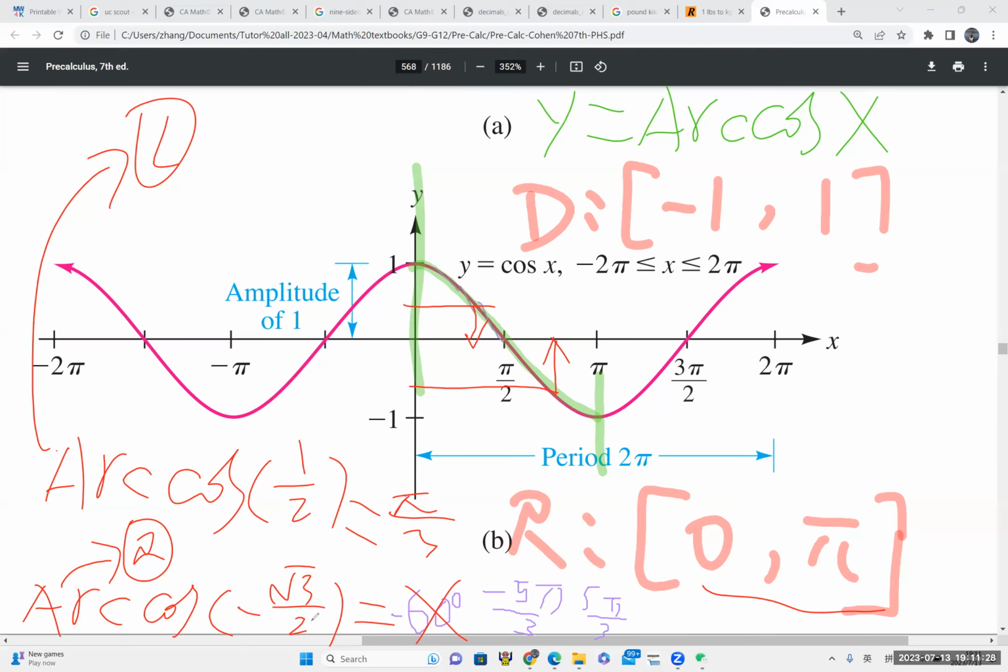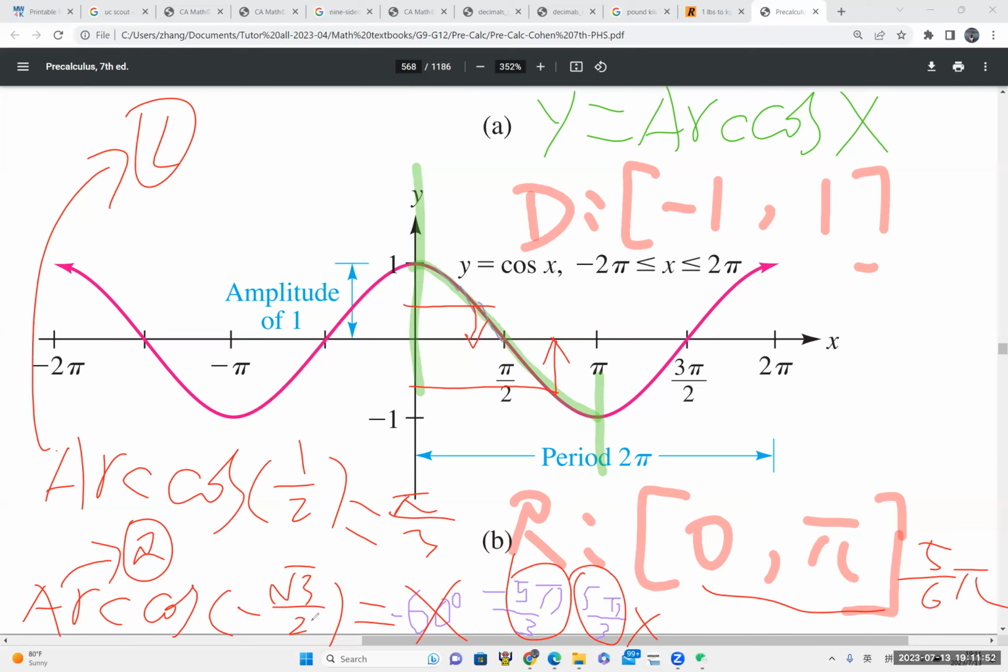What's the difference? Actually it's 5 pi over 6.